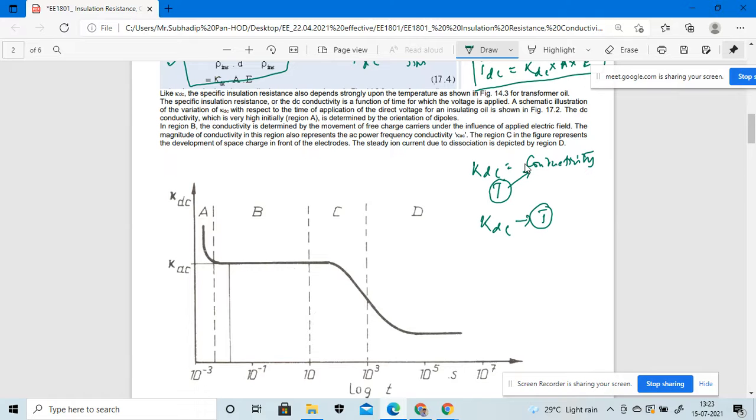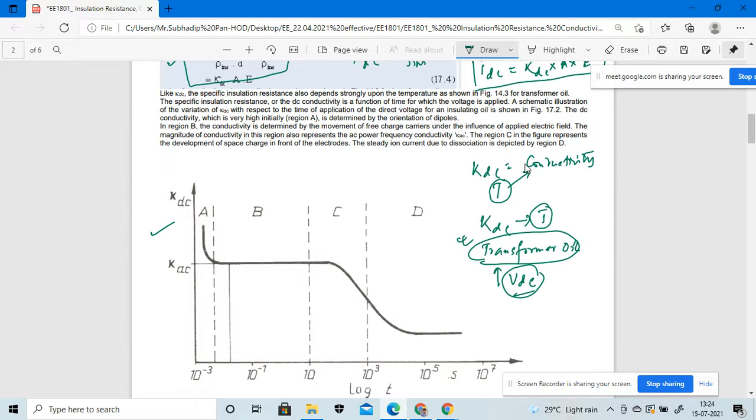A schematic illustration of the variation of KDC with respect to the time of application of the direct voltage to the insulating oil is shown in this figure. If we consider the transformer oil as a dielectric, what will be its variation if I apply a DC voltage to this insulating oil?